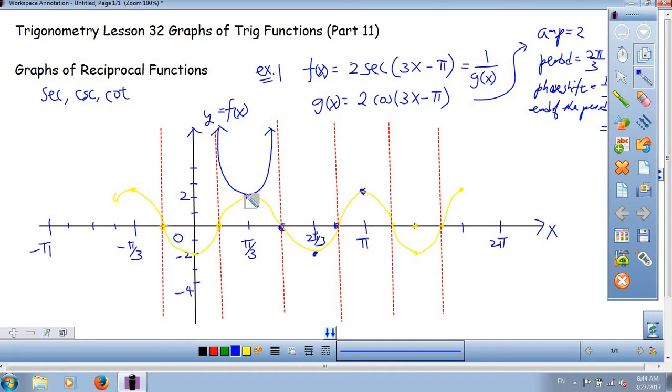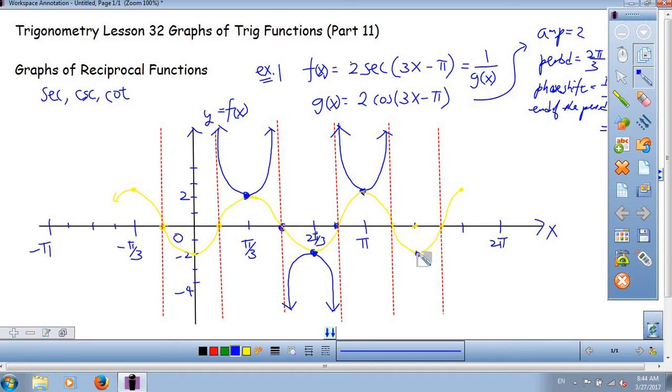But then it will meet right here at 2, at pi over 3. Same thing here at 2 pi over 3. It will peak at negative 2, but it will have a U-graph, kind of like an opposite parabola, if you remember parabolas. Alright, so basically this pattern will continue.